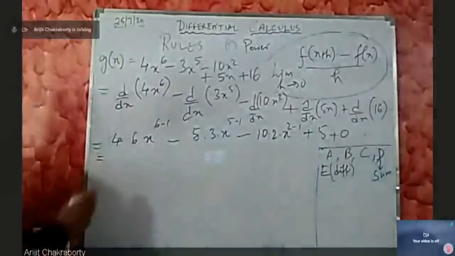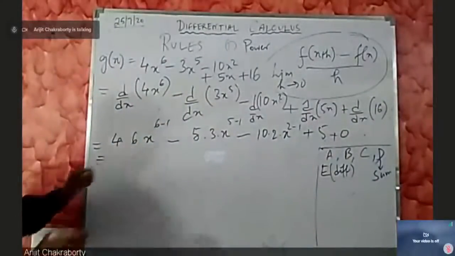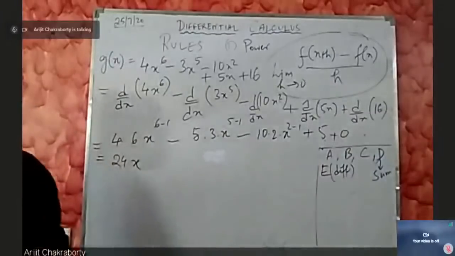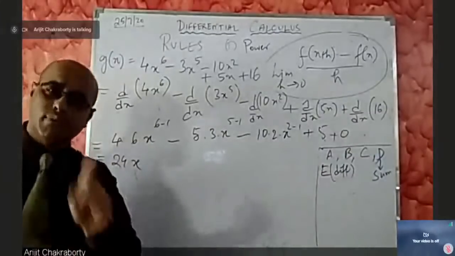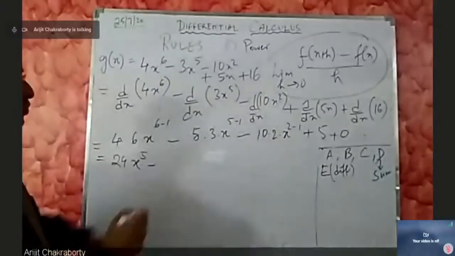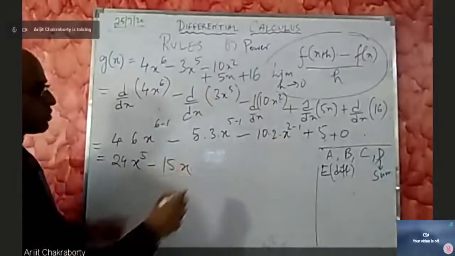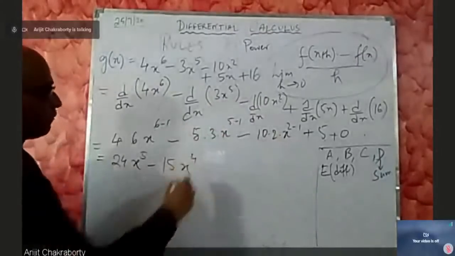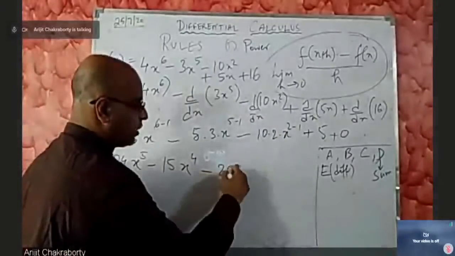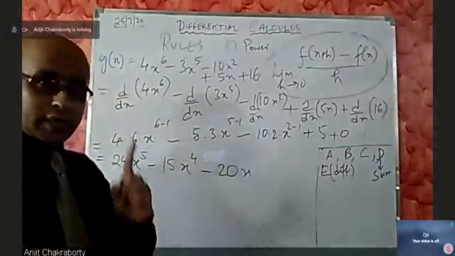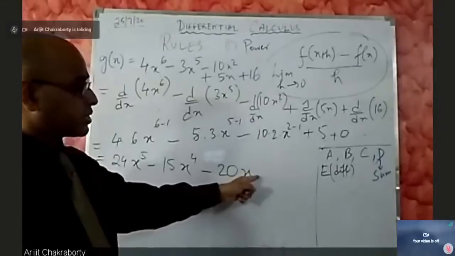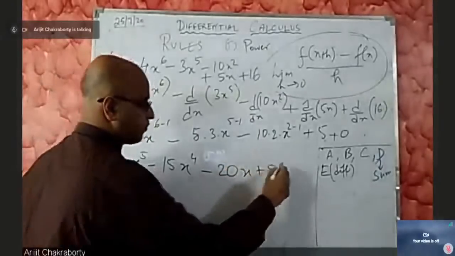So we simplify this. You have 4 into 6, that is 24, x to the power 6 minus 1, that is x to the power 5. So I write 24x to the power 5 minus 5 into 3, 15, x to the power 5 minus 1, that is 4. Minus 10 into 2, that is 20, x to the power 2 minus 1, that is 1, so it remains minus 20x, plus 5.